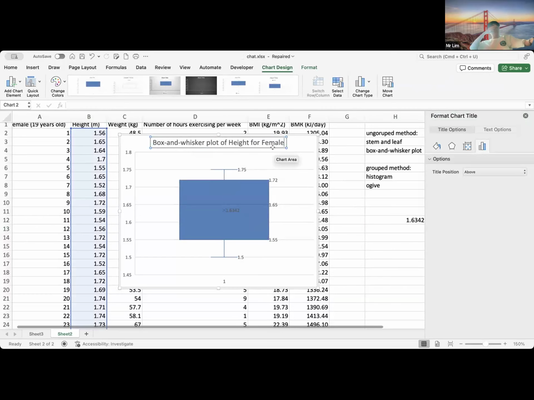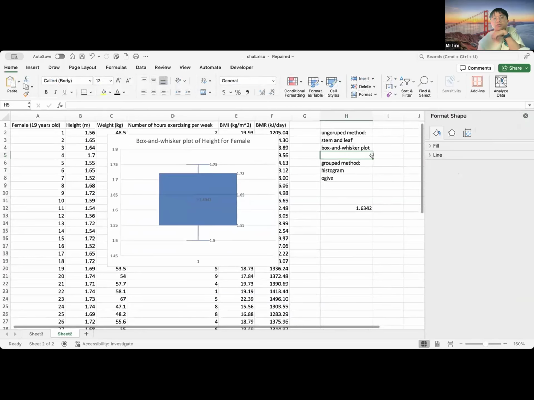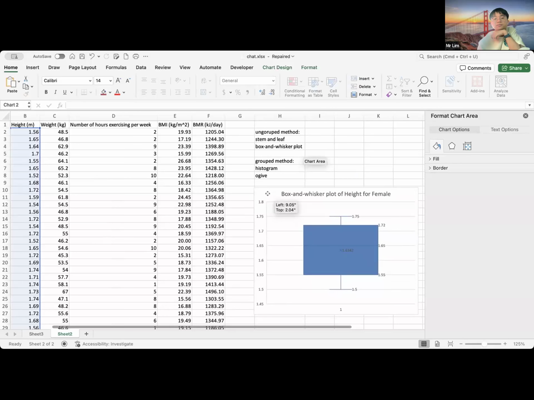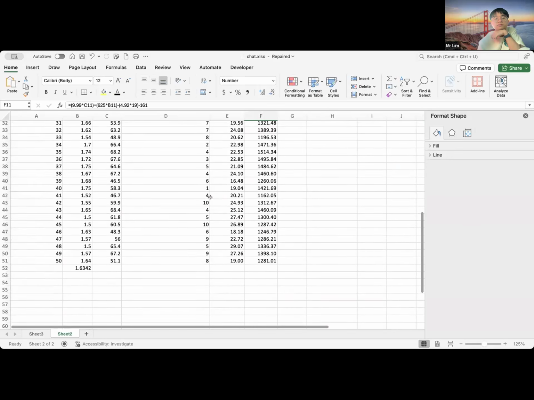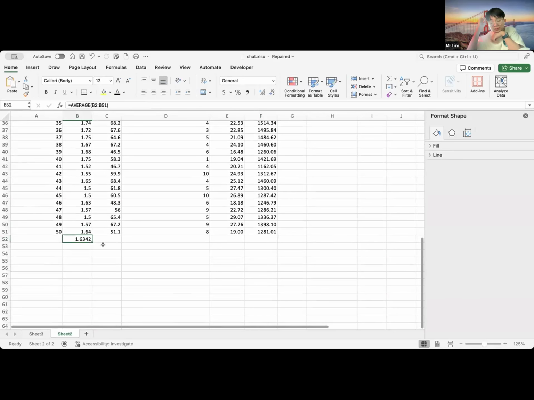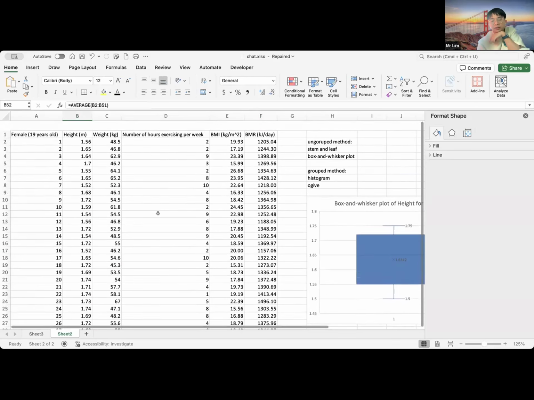Right? Okay, so now we have already seen how you can do your box and whisker plot in your Excel. Let me put it here. This one, let me just put it here.